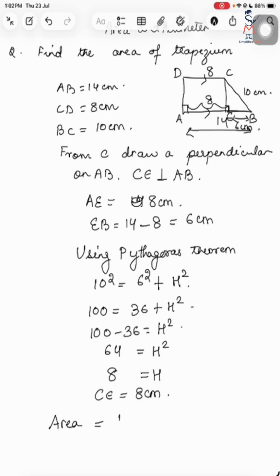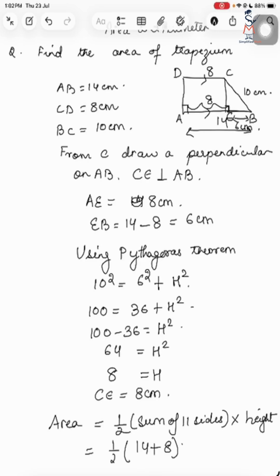Right? So what is the area? Area of trapezium is half sum of parallel sides into distance between them, or you can say height. Fine. That is half sum of parallel sides. What are the parallel sides? 14 plus 8 into h.